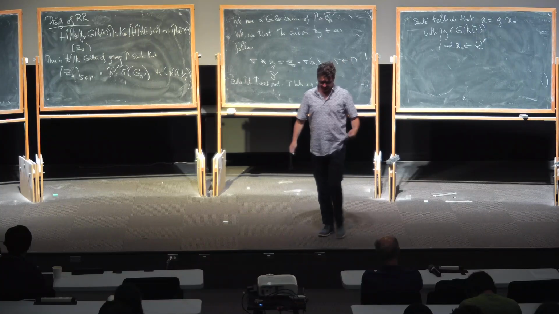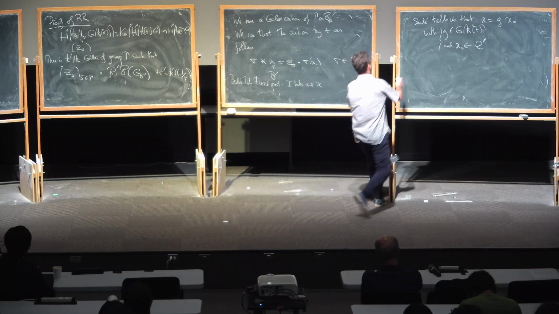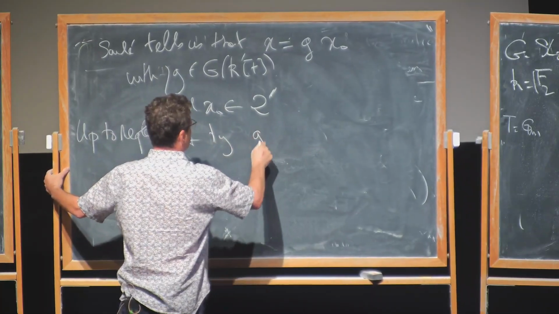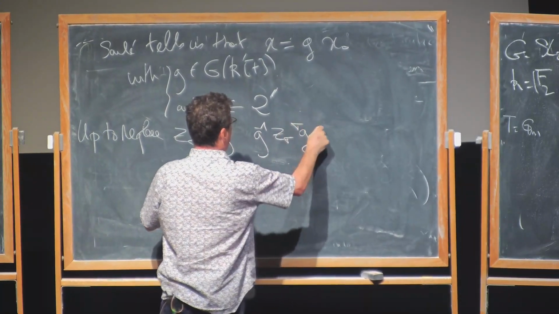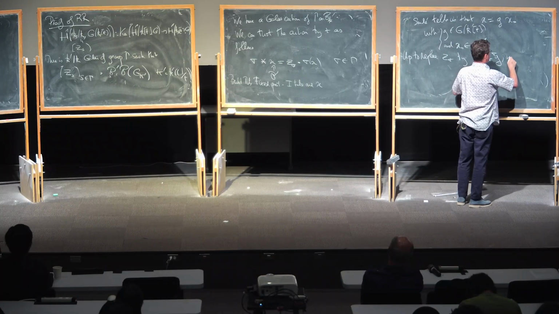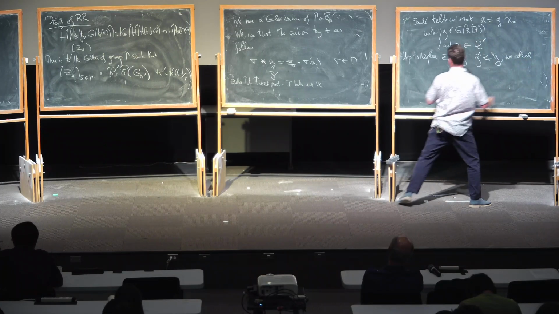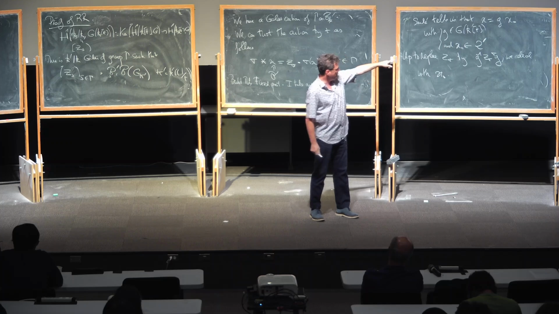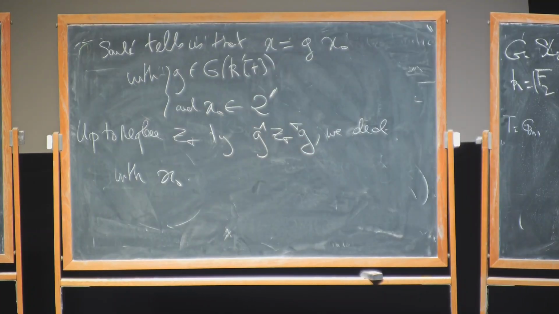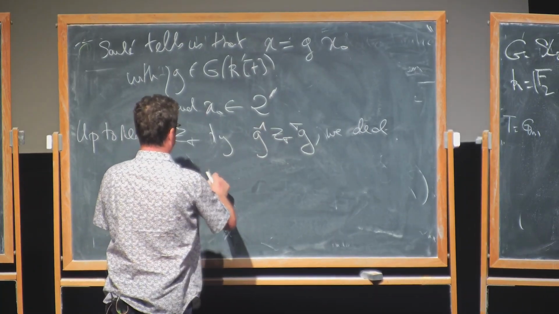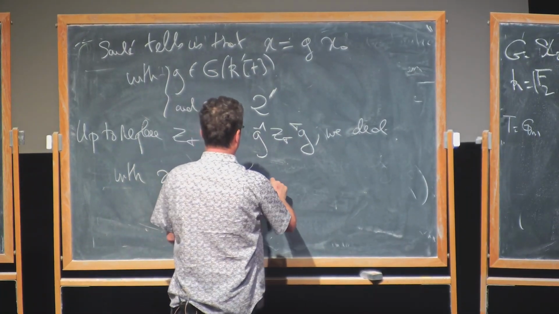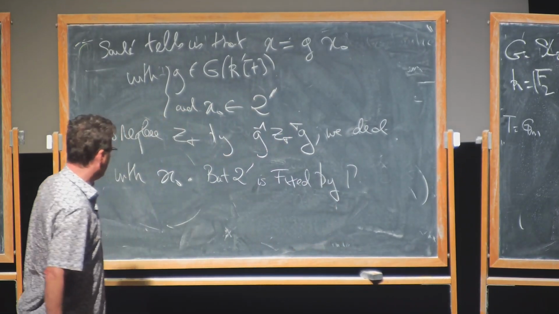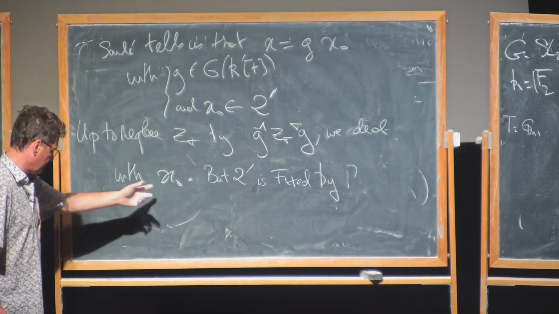Up to replacing z sigma by g^{-1} z sigma g sigma, by this equivalent cocycle, we can assume we deal with x0. But this x0 comes from this cone, and this cone is fixed by gamma.